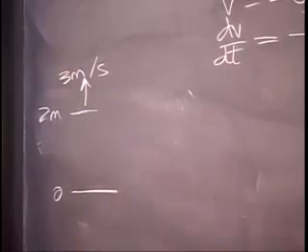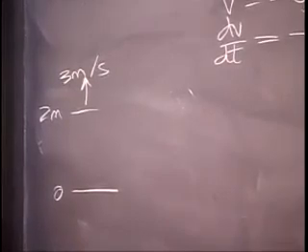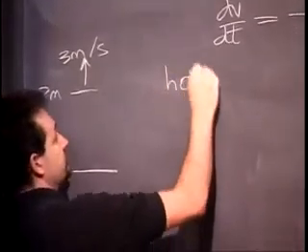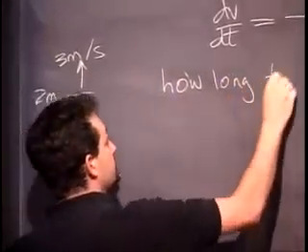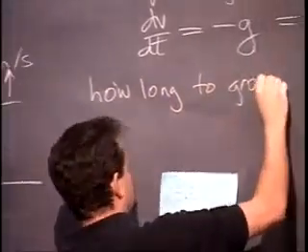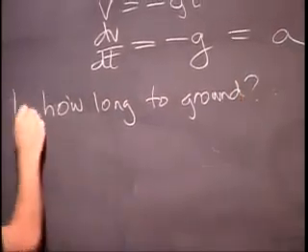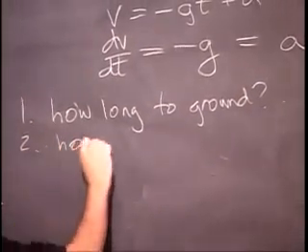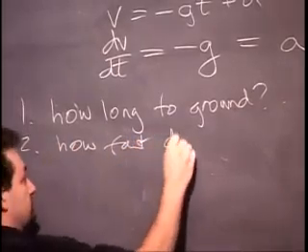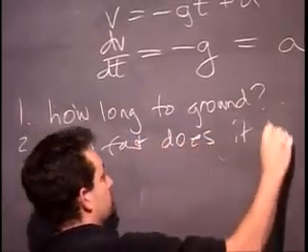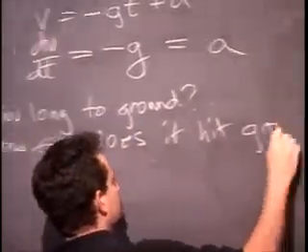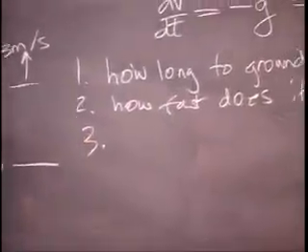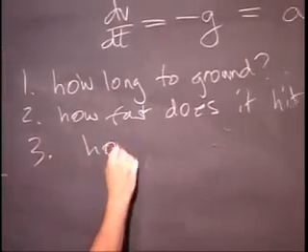So the ball goes up, and then it goes down. I'd like to know, how long does it take to reach the ground? I'd also like to know, how fast does it hit the ground? I'd like to know, how high does it go?